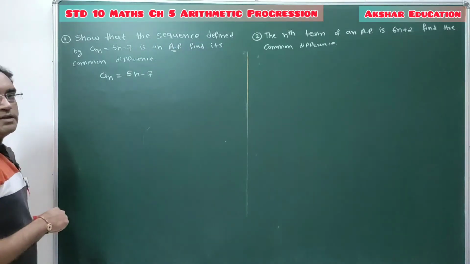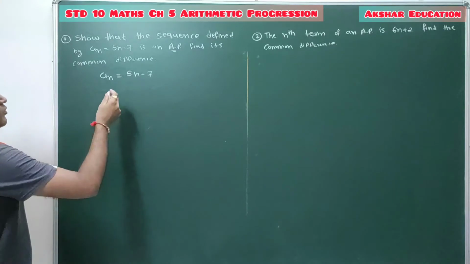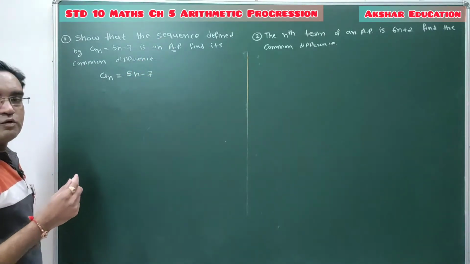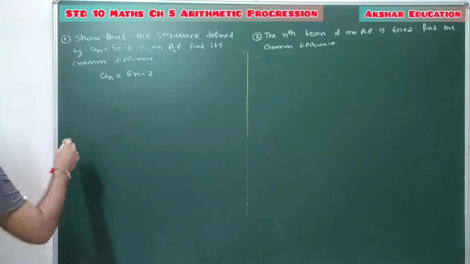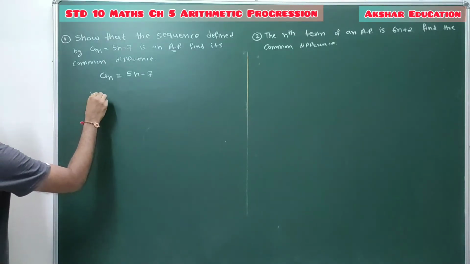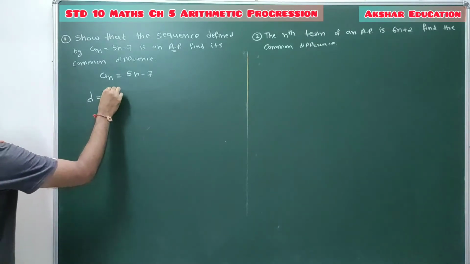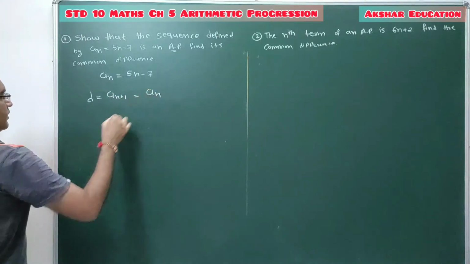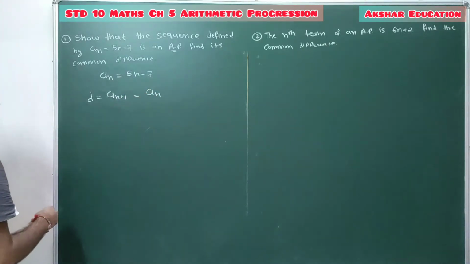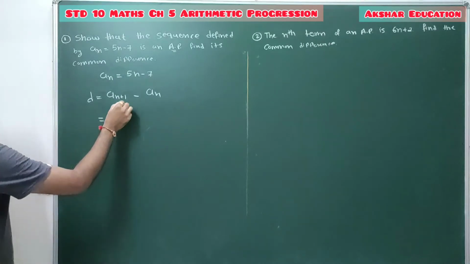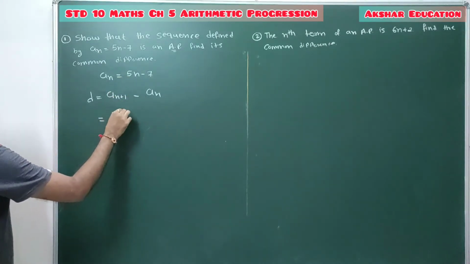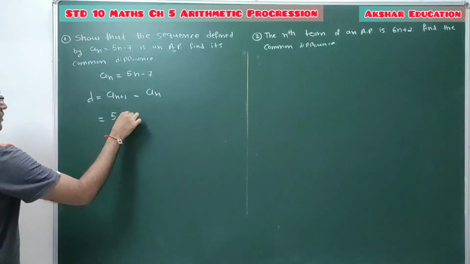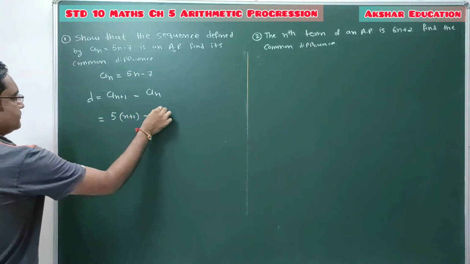So here the nth term is given. To prove this sequence is an arithmetic progression, we have to consider the common difference. Common difference d is nothing but the difference between two consecutive terms, so it's a_(n+1) minus a_n. So here a_(n+1) is 5 into (n plus 1), replacing n with n plus 1, minus 7.